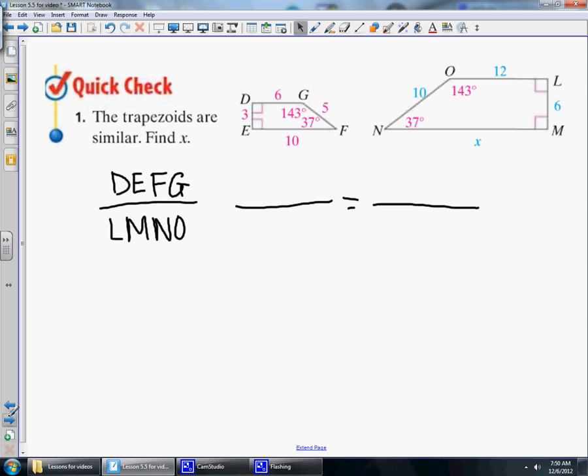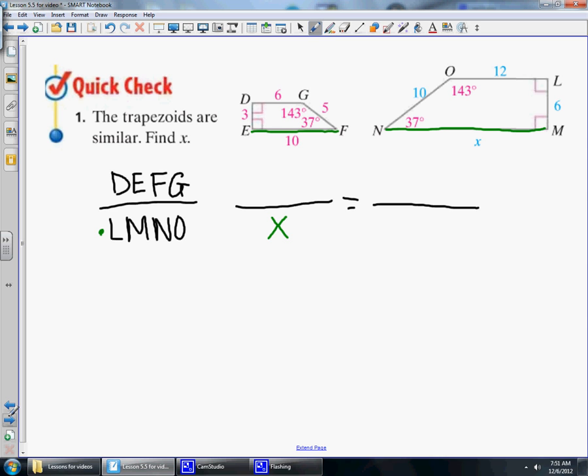So let's see, what side are we looking for? We're looking for this side right here, MN. Well, that side is labeled X. That's going to go in the denominator because it comes from trapezoid LMNO. What side corresponds to that? It's the bottom side of the trapezoid, the longer of the two sides that are parallel.